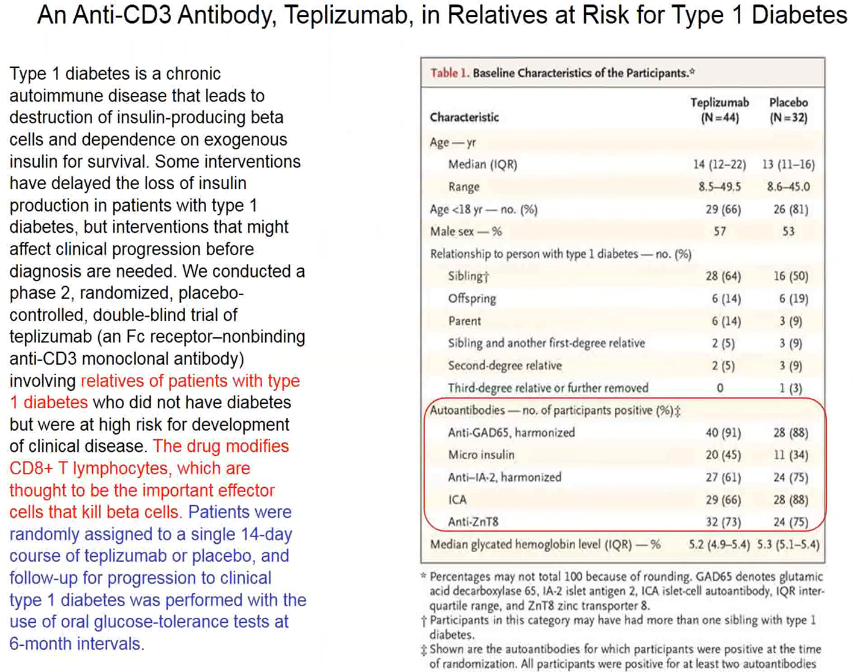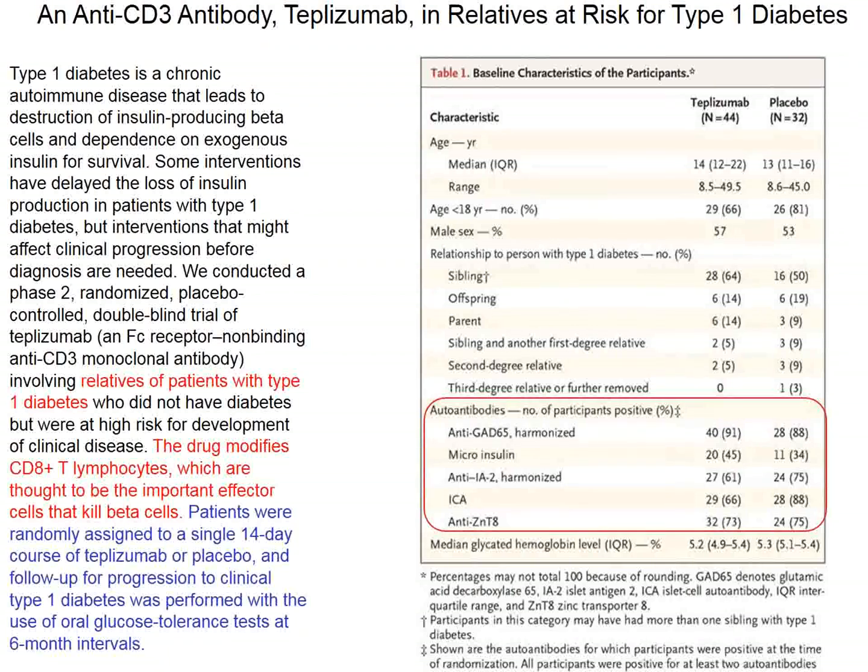First-degree relatives have a substantially greater risk of developing type 1 diabetes than the general population. And we can pick these patients by measuring whether or not they produce autoantibodies that are associated with the development of type 1 diabetes.